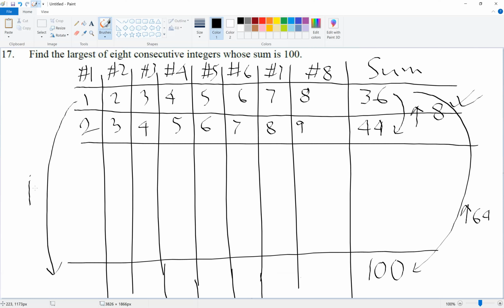So if I do it 8 times, this would be 9, 10, 11, 12, 13, 14, and 15, and 16 too. Oh, sorry, I didn't write it. Do you understand finding the pattern and applying the pattern? Yeah.